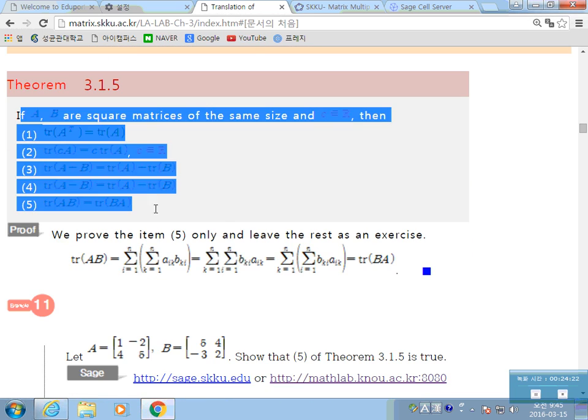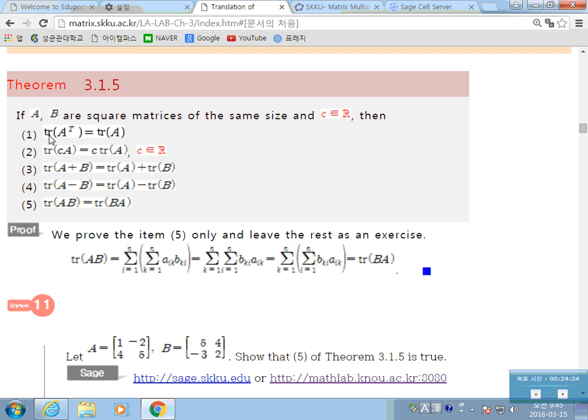This is a property of the trace: the trace of A transpose is the same as the trace of A, because the main diagonal entries of A are the same as the main diagonal entries of A transpose. So the addition of all those same numbers should be the same. When you take the transpose, the main diagonal entries don't change. Okay?